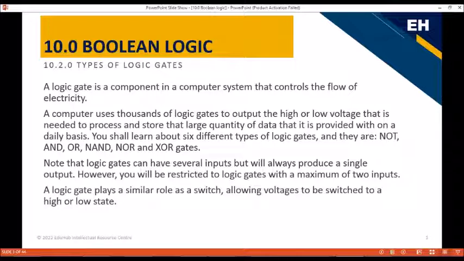So everything that is entered into the computer is interpreted as a string of zeros and ones. A high voltage, in this sense, simply means a 1, and a low voltage means a 0.